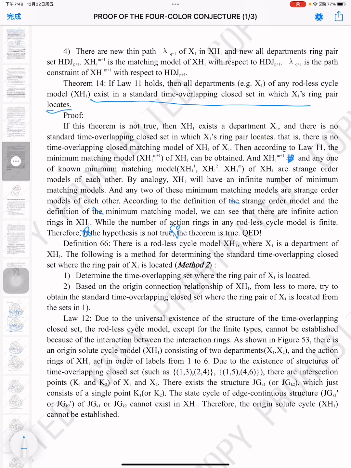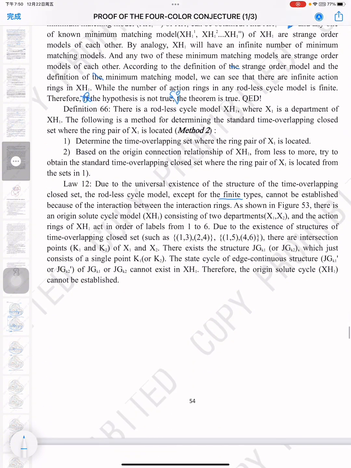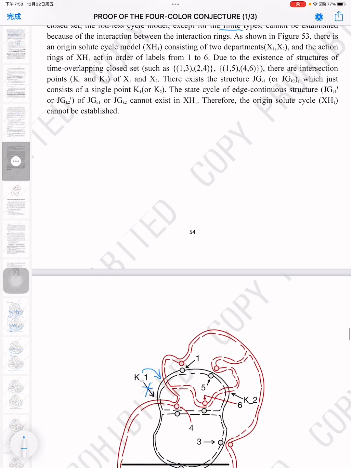Law 12. Due to the universal existence of the structure of the time overlapping closed set, the roadless cycle model, except for finite times, can't be established because of the interaction between the action rings, as shown in figure 53. There is an origin-slot cycle model XH1 consisting of two departments, X1 and X2, and the action rings of XH1 act in order of labels from 1 to 6.